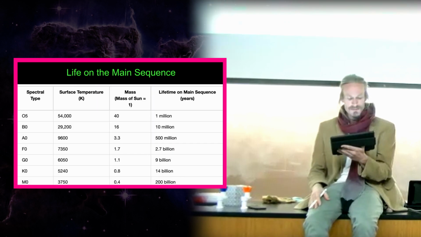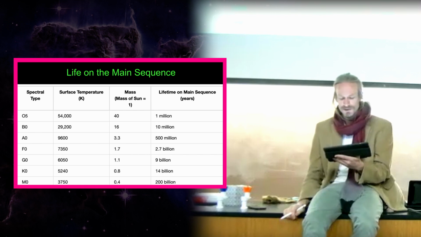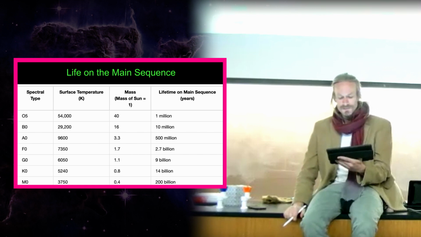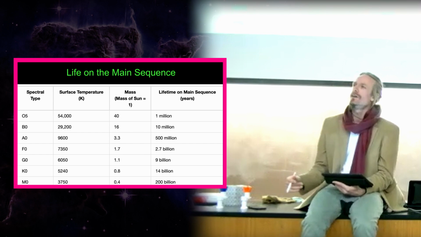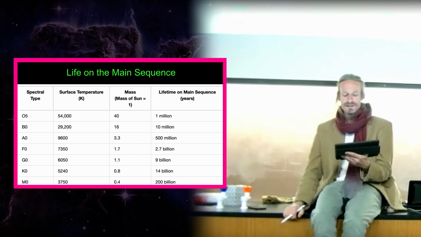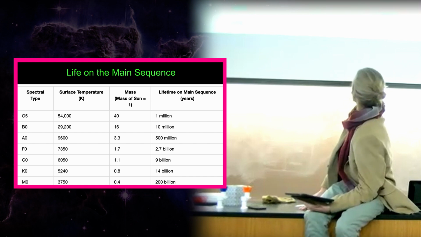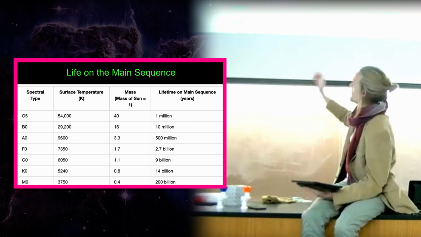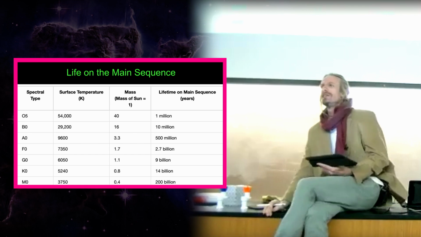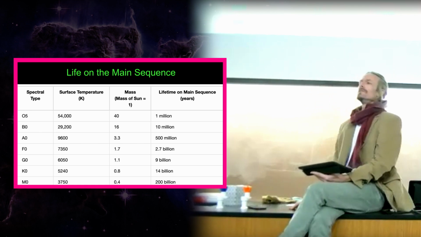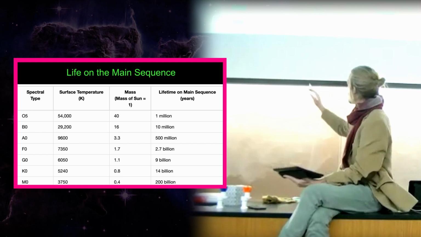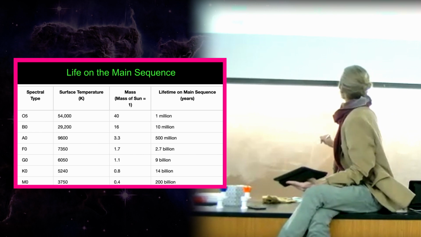All right. So this table from your textbook is kind of interesting here. How long a star hangs out on the main sequence essentially has to do with how big it is. And you can see here the stars that are really big are going to be able to crush a lot of their material into new forms and deplete their fuel much quicker than the smaller ones, which is quite interesting.